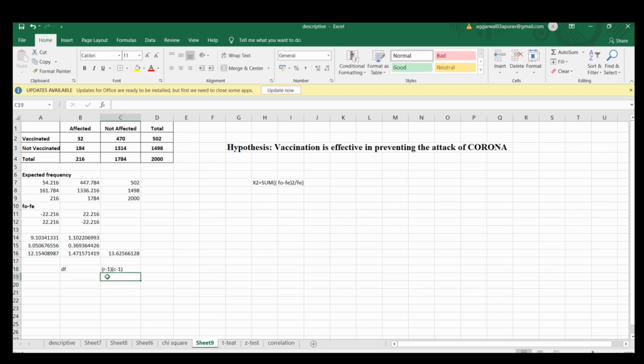Number of rows 2 minus 1 into column is 2, then 2 minus 1. After calculating, df is 1.